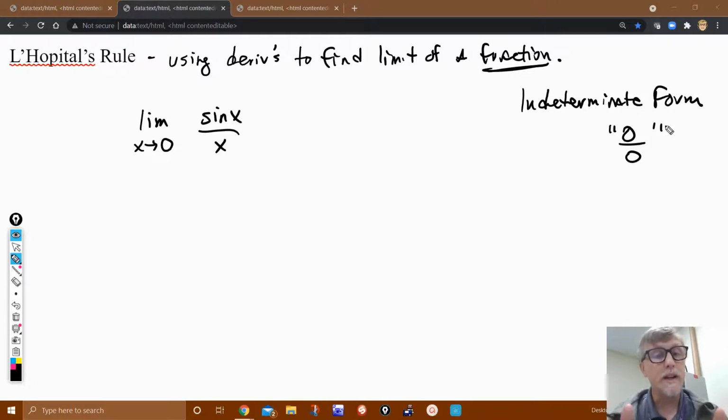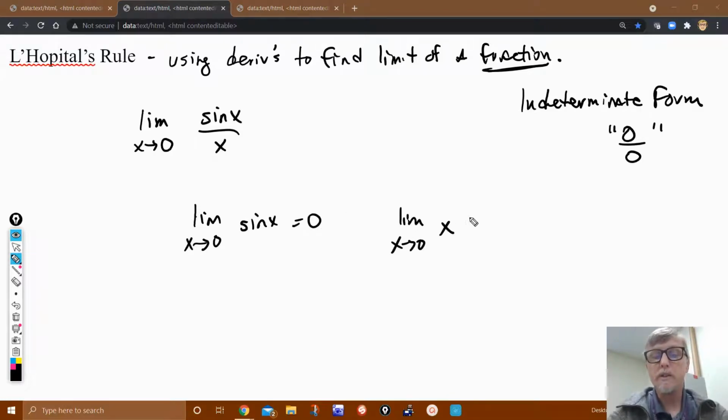You cannot write that as an answer to anything, but it's the form of what the fraction might have evaluated at the x value where the limit is approaching. Okay, so if the numerator and denominator have limits at x equals 0, so obviously the limit as x approaches 0 of sine of x is 0, and the limit as x approaches 0 of x is also 0.